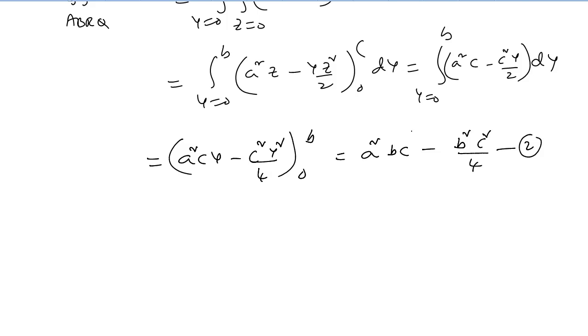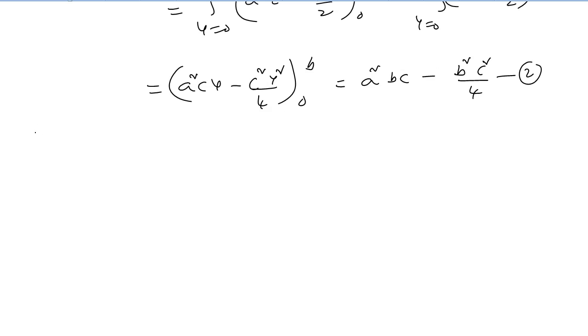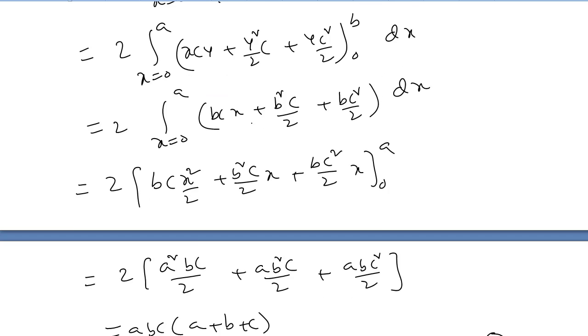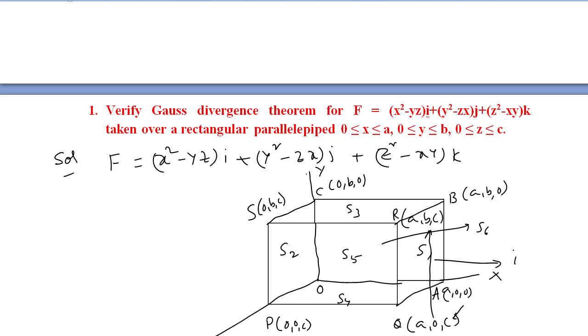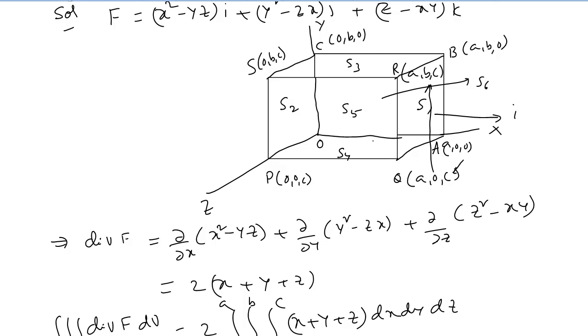Now, this is the first surface integral. In a similar way, over the second surface, we will discuss all the surfaces. This surface is OCSP. n equals minus i.